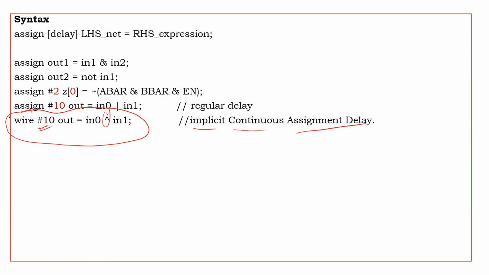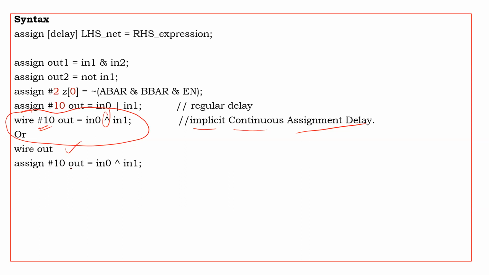So these are called implicit. That means by default, it is hidden there. You can write this statement like this also: wire out; assign #10 out equals input 0 XOR input 1.